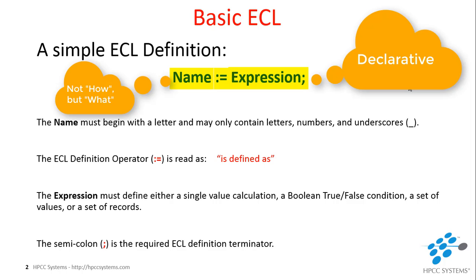The name must begin with a letter and may only contain letters, numbers, and underscores. The colon equals operator is always read as "is defined as", and the expression must define either a single value calculation, a Boolean true-false condition, a set of values, or a set of records. And in ECL, the semicolon is the required ECL definition terminator.